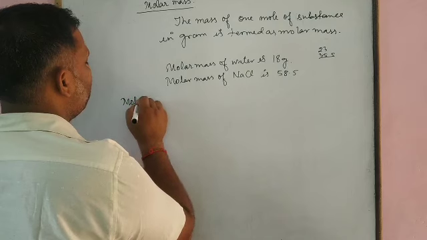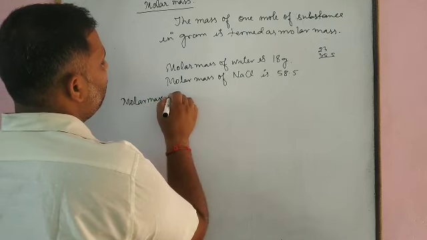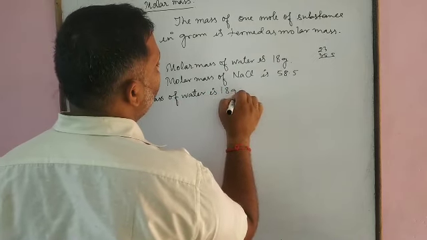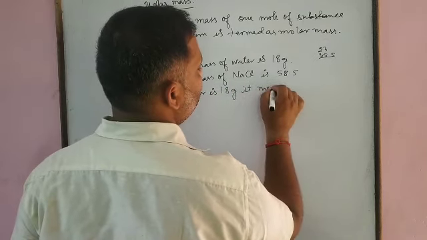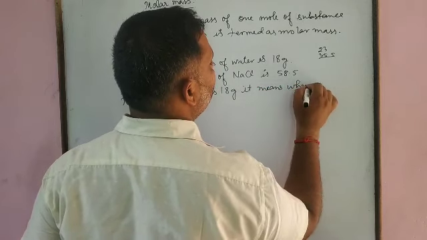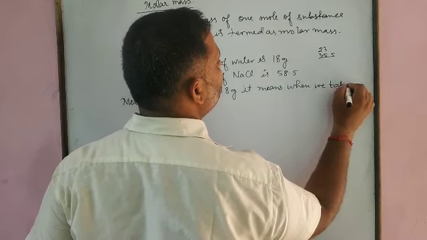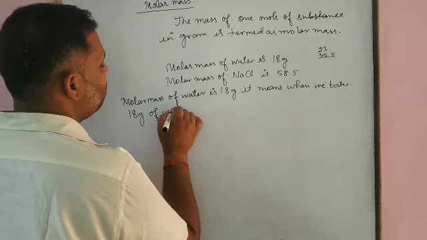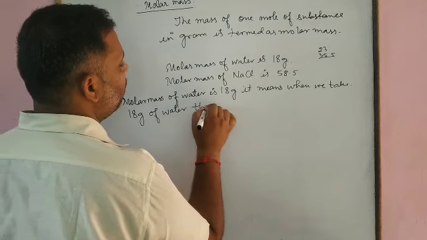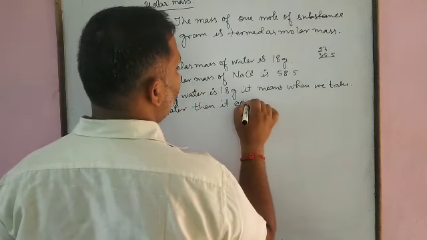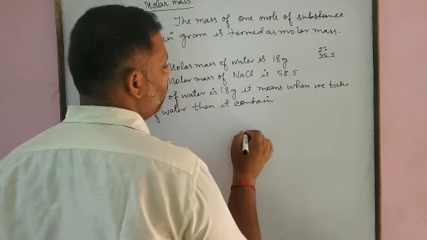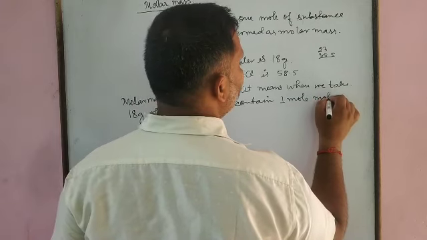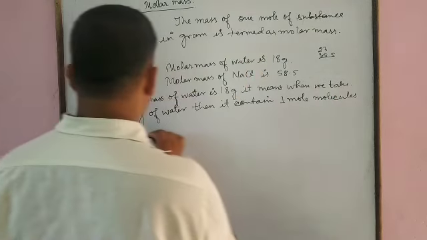Molar mass of water is 18 gram. It means when we take 18 gram of water, then it contains 1 mole molecules of water.